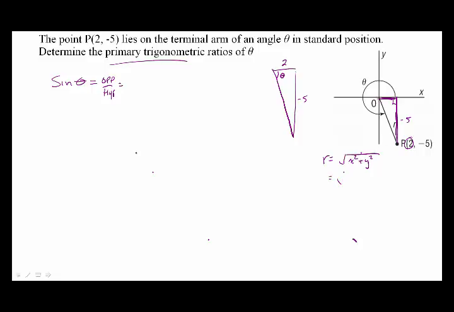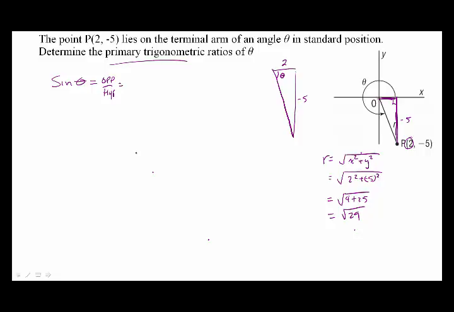So it's the square root of 2 squared plus negative 5 squared. Are we panicked about that negative 5 under the root sign? Why not? Well, it's because we're squaring it first. What's going to happen when we square it? That's right, it goes away, because a negative and a negative is a positive. So it's square root of 4 plus 25, which is square root of 29.